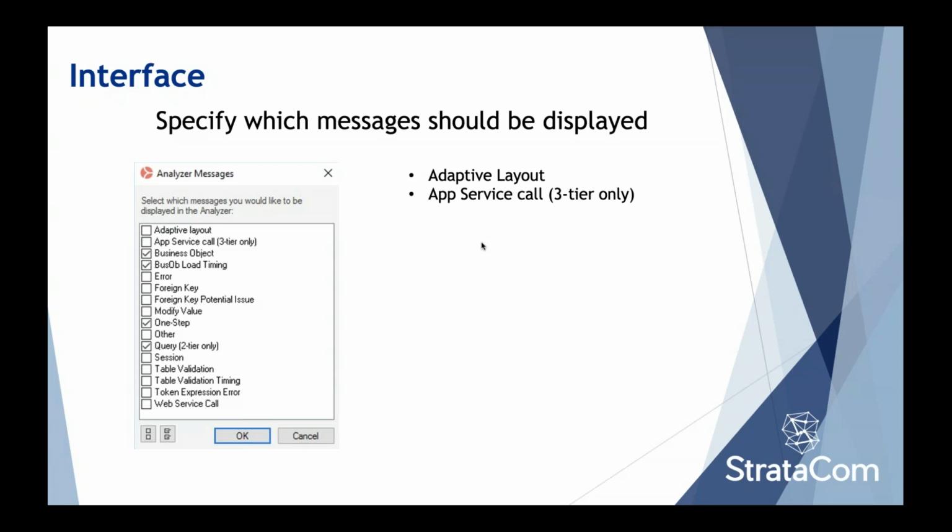App service calls, these are calls between the application server and the client. There's some timings in there. There's definition messages that you can see about how on startup, you will see that it's updating a definition or bringing in some cache definition type things.